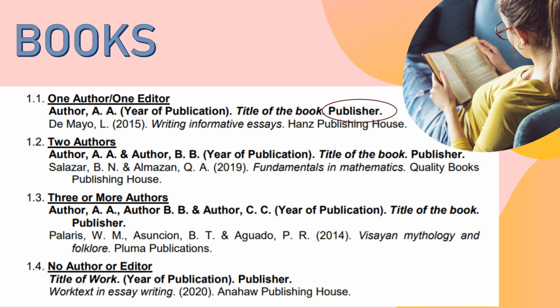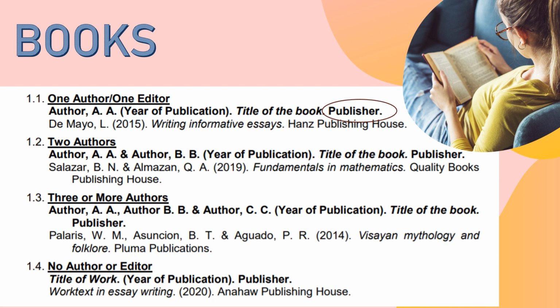So here in our example, we have De Mayo, comma, L, that's the initial of the author's first name. And then the year of publication is 2015, enclosed in parentheses, and then period. Writing informative essays, period, and then the publishing house, which is Hans Publishing House.